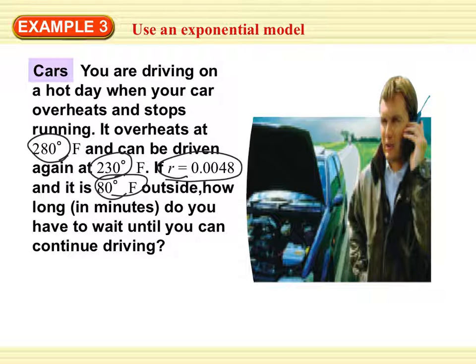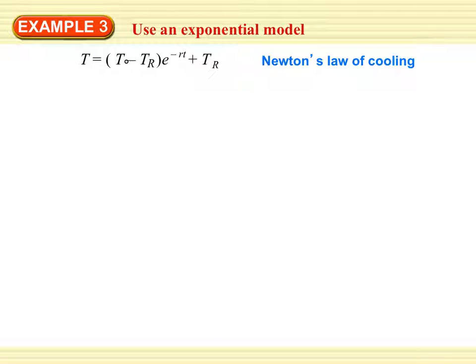Okay, let's grab our equation and plug in our knowns. Here is our equation. What do we know? I know that my T is 230 degrees, because that's when I can start driving again. My T sub 0 is 280 degrees. That was my initial.